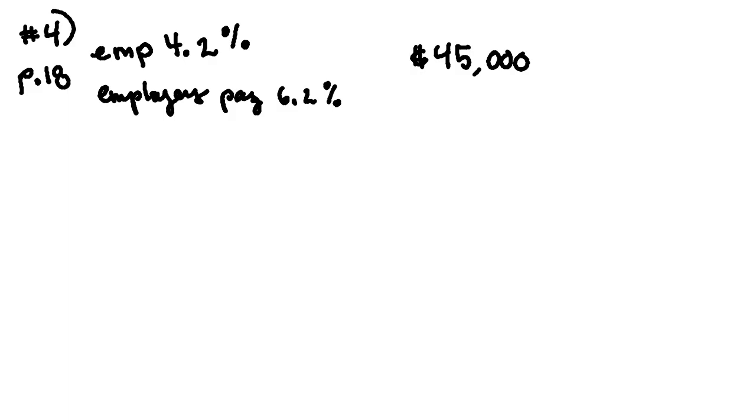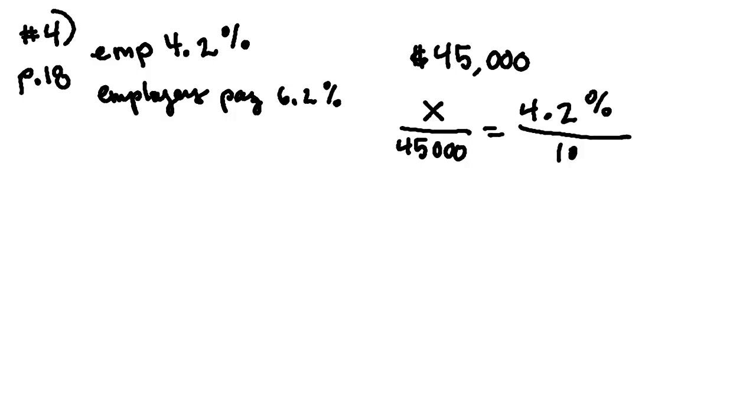Okay, I'm assuming it says how much will someone earning $45,000 a year pay, so I'm assuming that someone is an employee. We don't know what part they're going to pay, but that employee is going to pay 4.2% on their whole salary, which is $45,000.